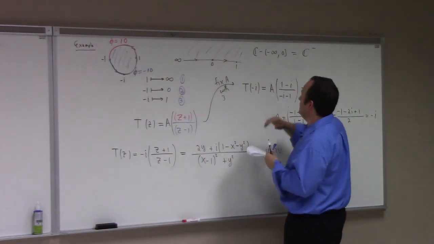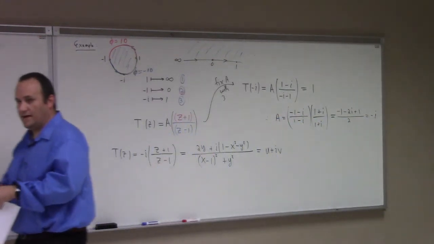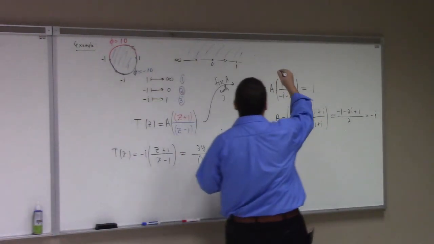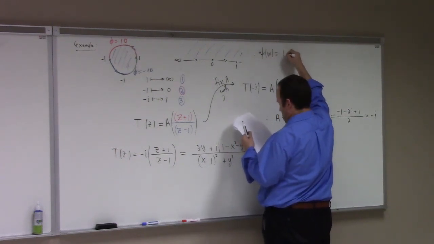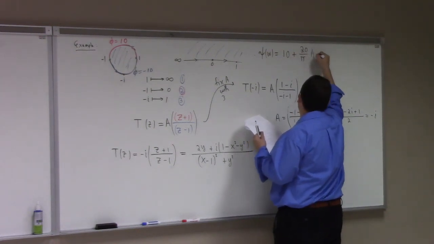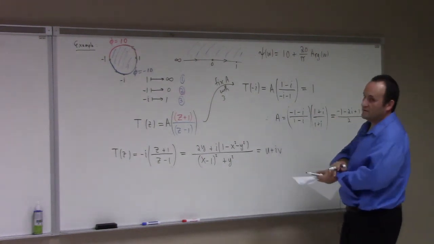Then I believe I can solve that pretty easily over here. If you look at the right half plane, let me suggest that we could use capital psi of w equal to 10 plus 20 over pi times arg w, using the ideas that we talked about in the previous class.